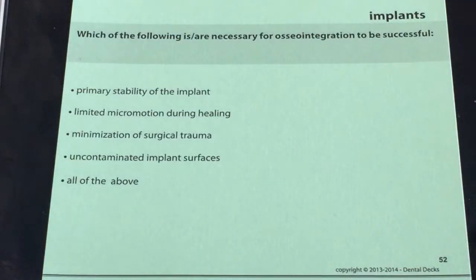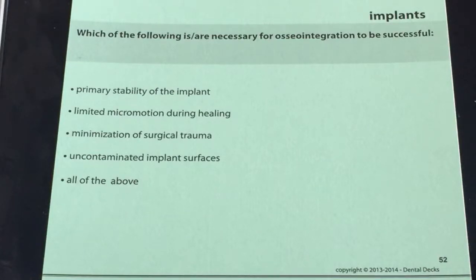Which of the following is or are necessary for osseointegration to be successful?